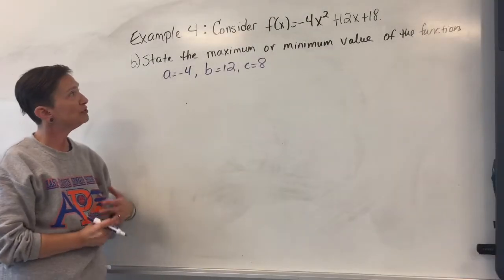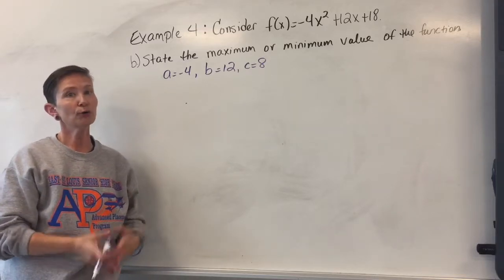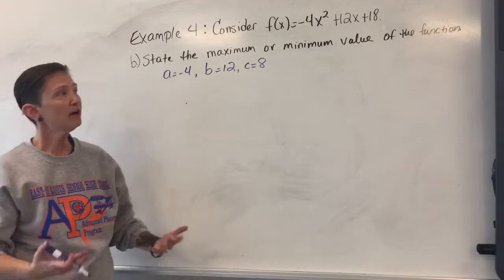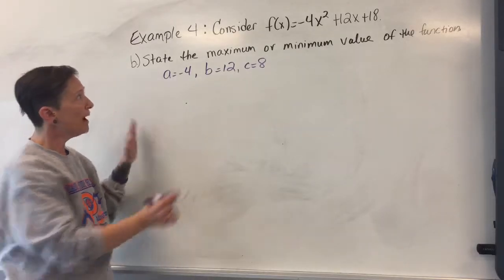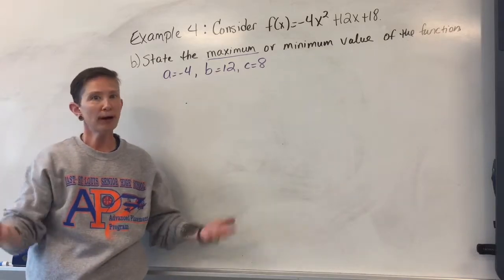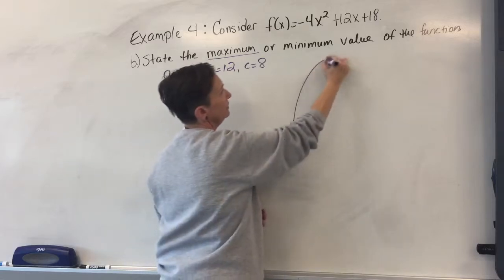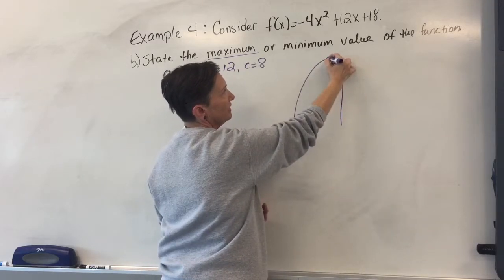Next, we are asked to state the maximum or minimum value of this function. So in part A, we found out that we have a maximum value, because this parabola will open down, so it's going to have a maximum value at the top.